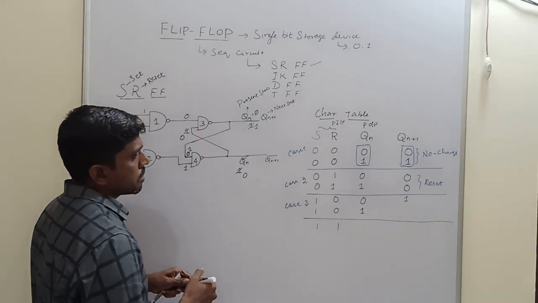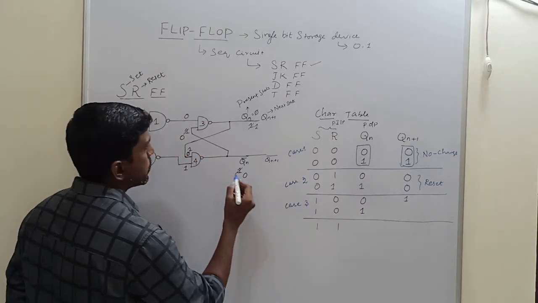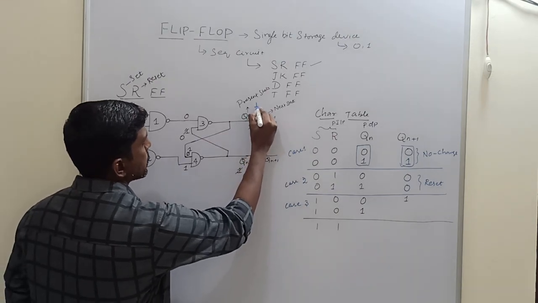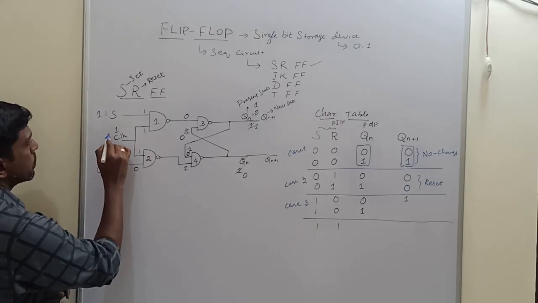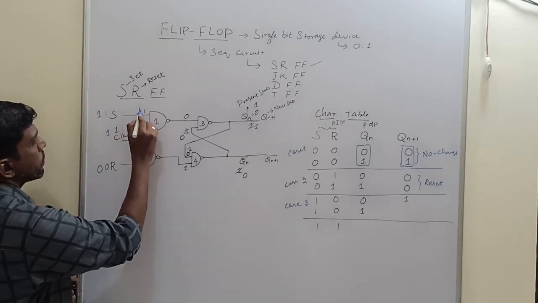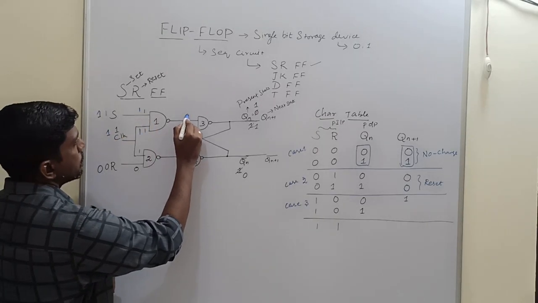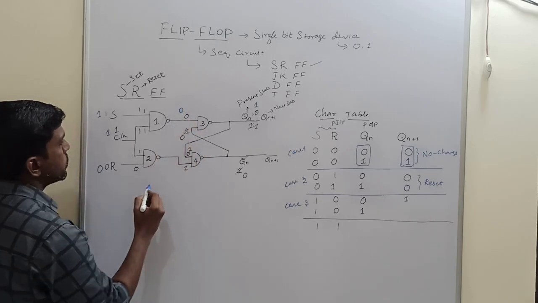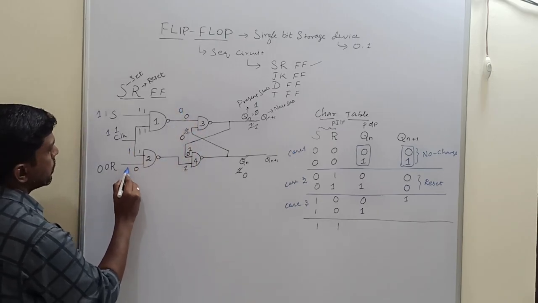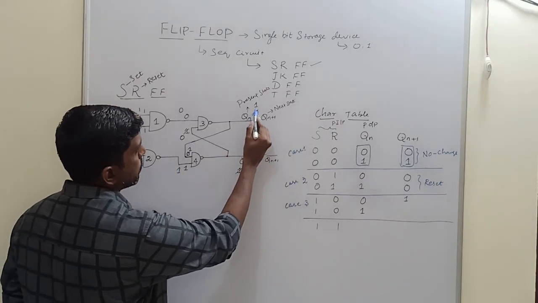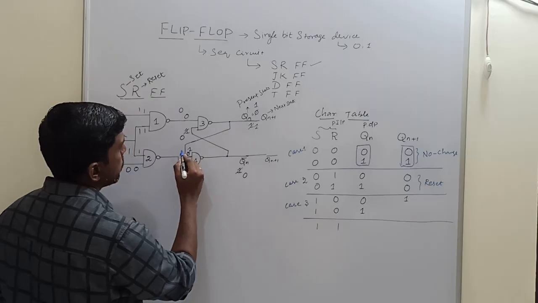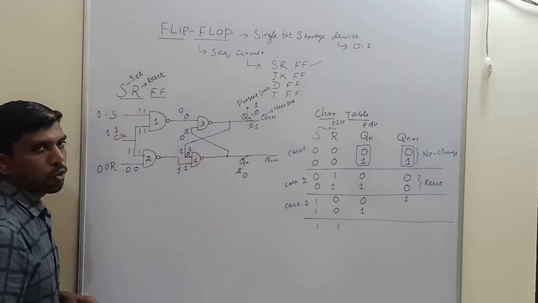So in this case, now I change Qn value to 1. So present state is 1. S value 1, R value 0. Clock is 1. So here first NAND gate input is 1, 1. Output is 0. Here 1, 0. Output is 1. So Qn value, let me assume 1. So this 1 is given to input of fourth NAND gate.